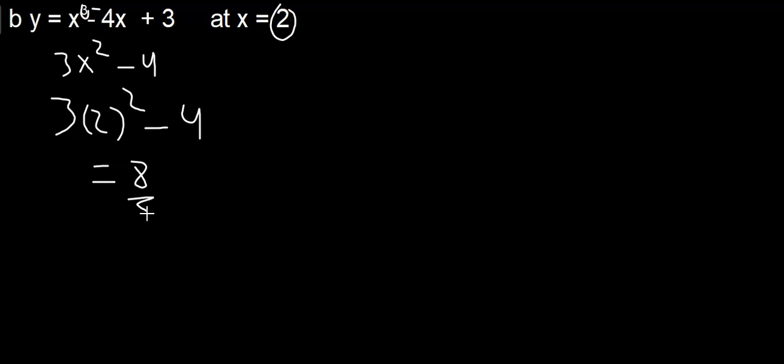Once I have my slope, the second step is that I have my x value, so I need my y value. I get my y value by substituting 2 into the original equation.